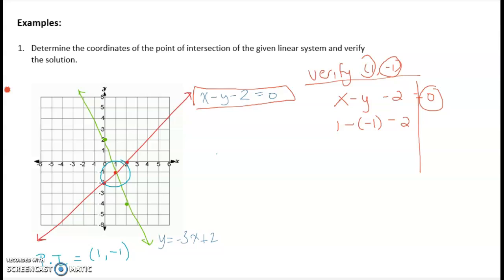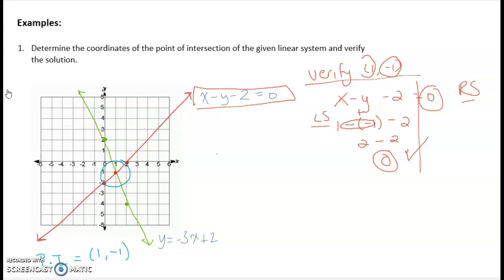So we want to make sure that the left side equals 0. So 2 negatives, negative and negative make a positive. So 1 plus 1 is 2. And then 2 minus 2 is 0. So that means the left side equals the right side. It worked.